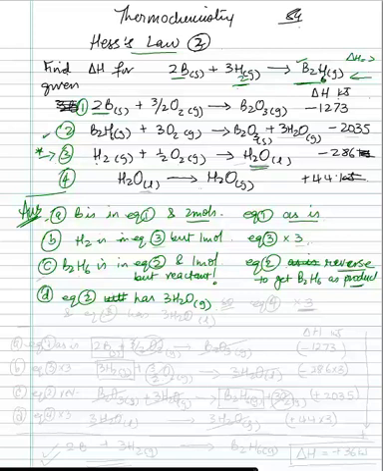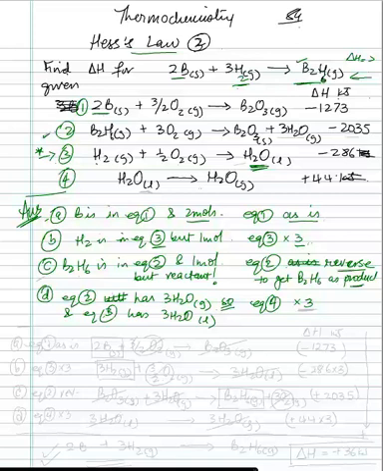And equation 3, we multiplied it by 3 as well, so which means that we will also have 3 of water here. So which means that we can take equation number 4 and multiply it by 3. Okay, so equation 2 has 3H2O and equation 3 has 3H2O liquid. So we will take equation 4 and multiply it by 3.